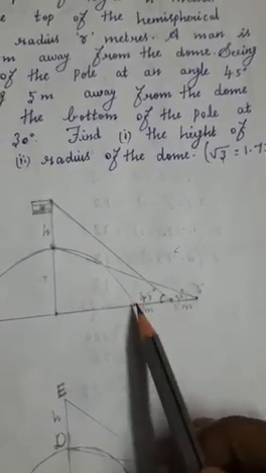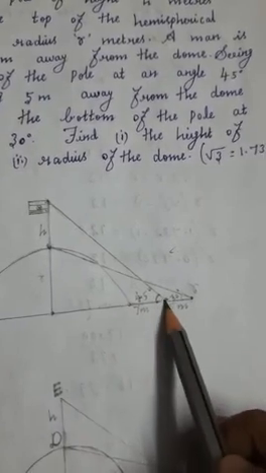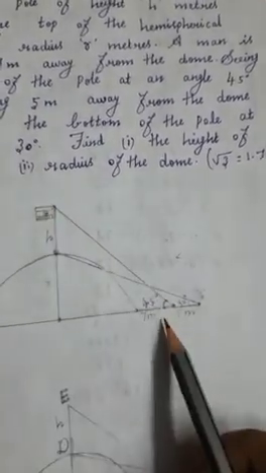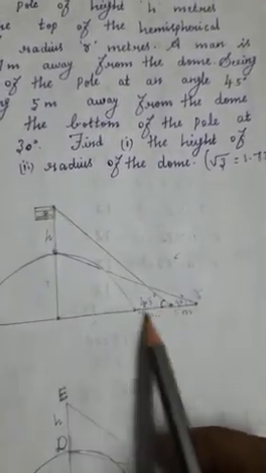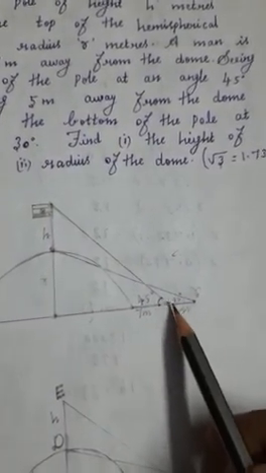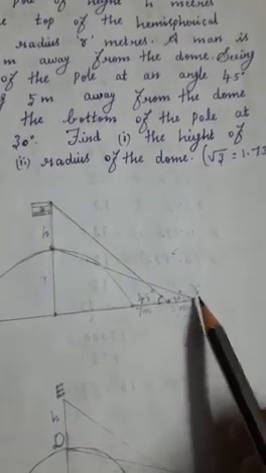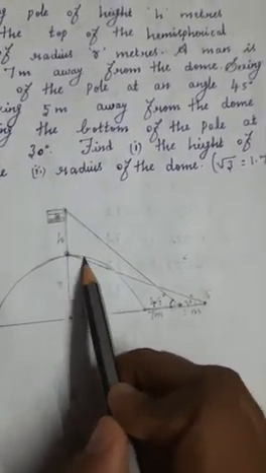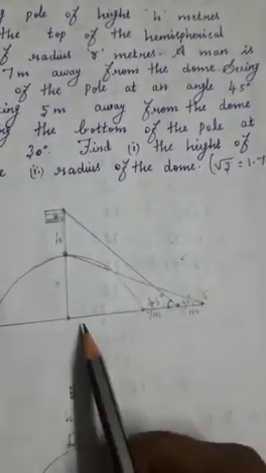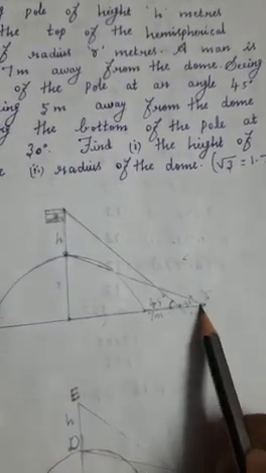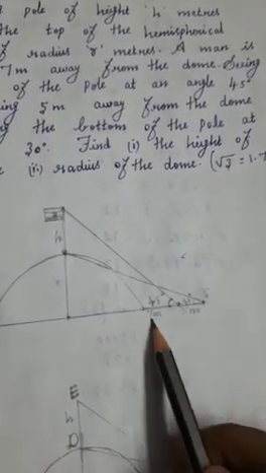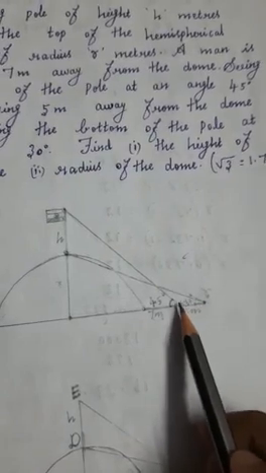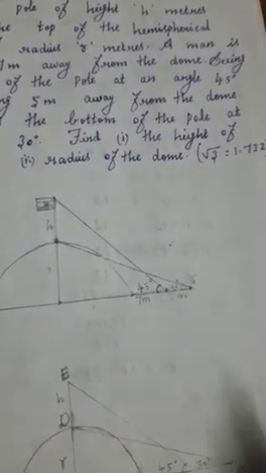First, 7 meter away from the dome he is looking at the top of the pole in 45 degree angle. Next, again moving 5 meter away, now he is looking at the bottom of the pole. This is the line of sight, this is the horizontal line, this distance 5 meter, this distance 7 meter. In which degree angle is he looking at the bottom of the pole? 30 degree angle.